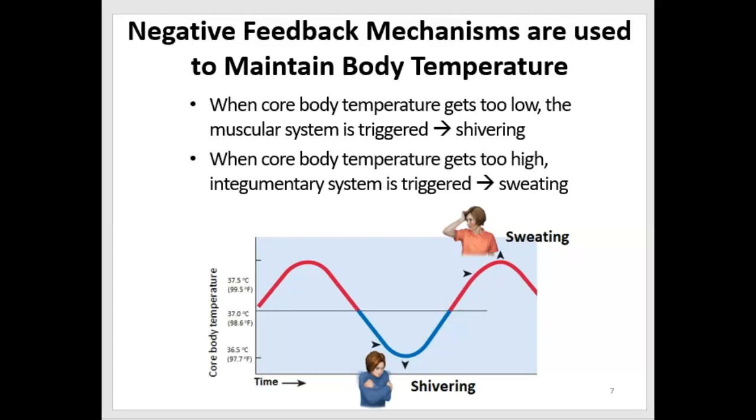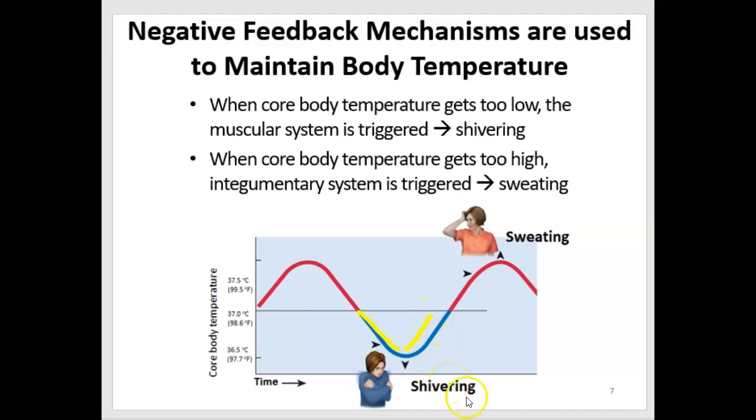So the muscles contract, and that generates heat and restores optimal body temperature. We call this a negative feedback mechanism because as body temperature has gone down, something has reversed that, and that's the muscular system. So it goes back up. That's why it's called negative feedback.